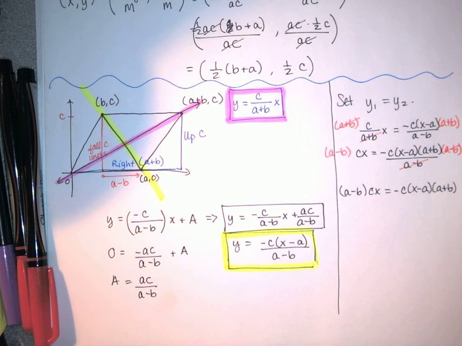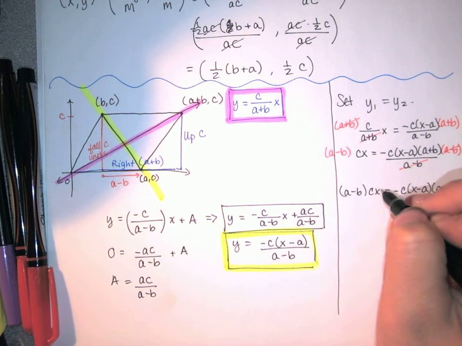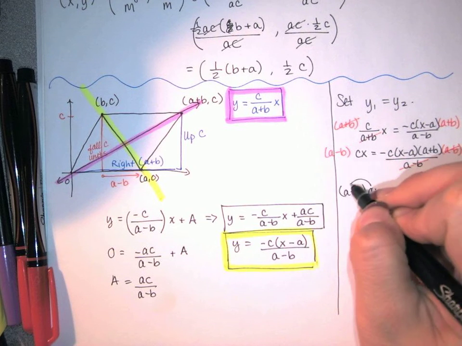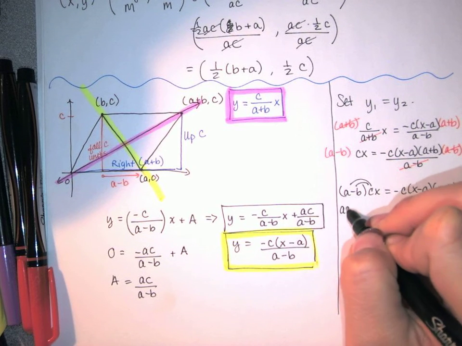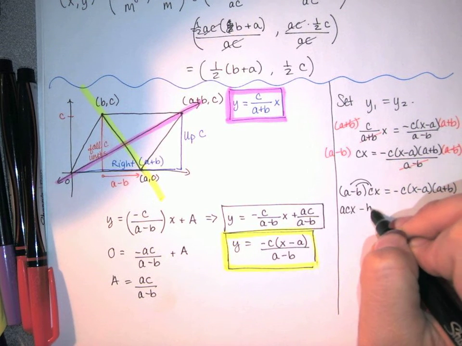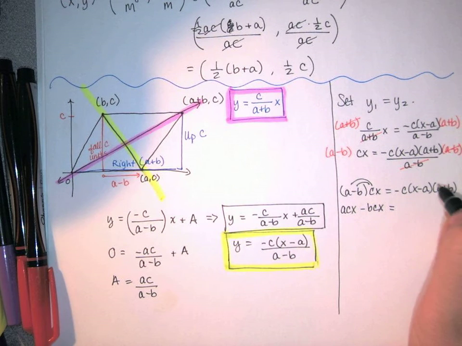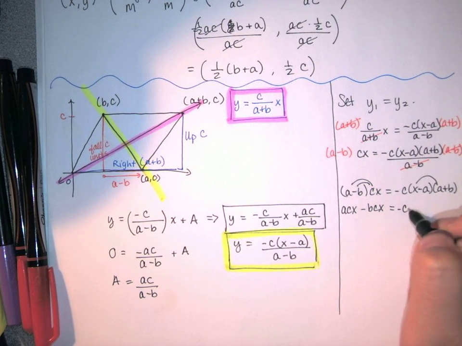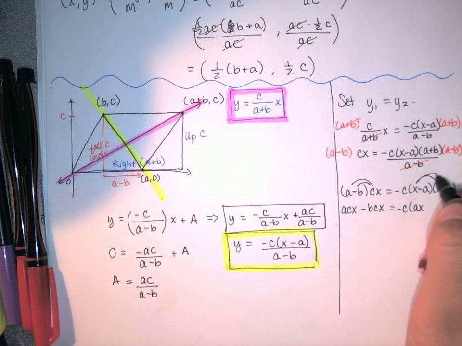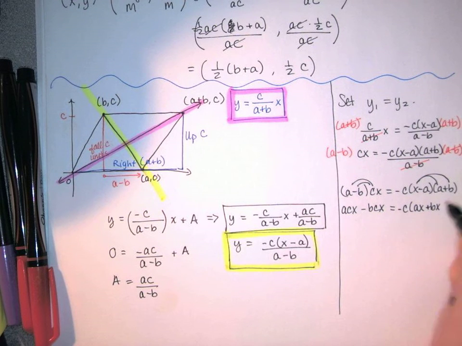x appears on both sides. So the first thing we're going to do is get rid of the parentheses by distributing. This is a monomial, so I distribute term by term, and I get acx minus bcx. Over here, I want to distribute the binomial times the binomial first. First times first is ax, outer times outer is bx, inner times inner is negative a squared, and last times last is negative ab.